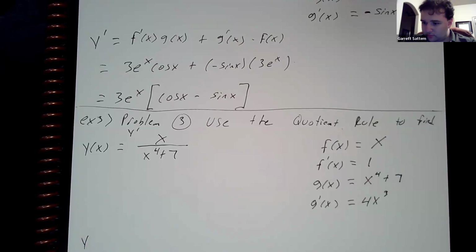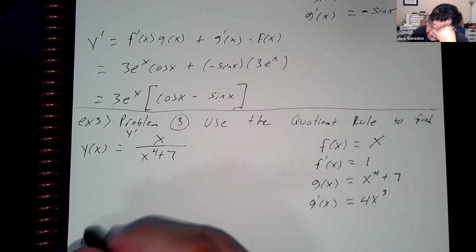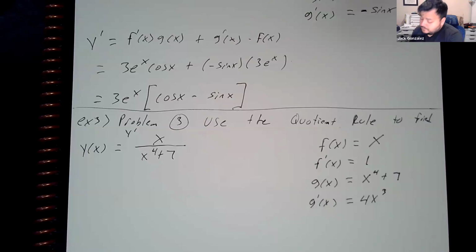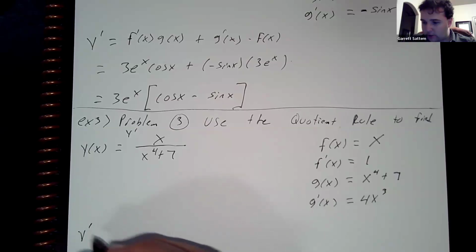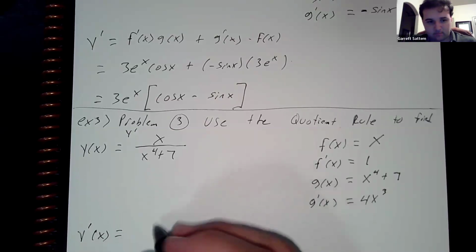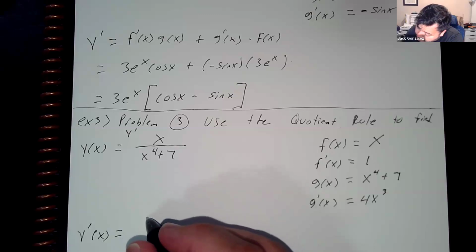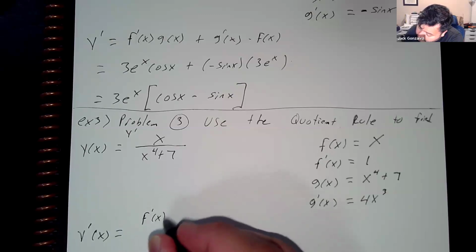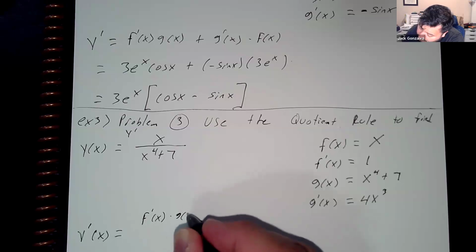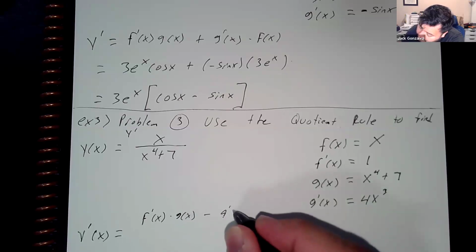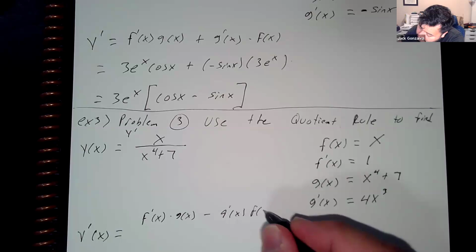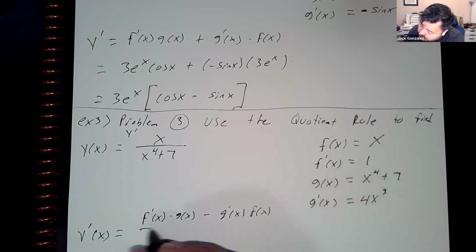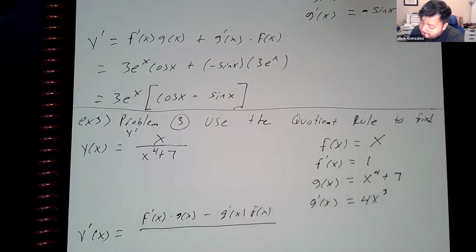All right, so let's use our formula and fill in the blanks. Not too bad, right? So we said it's going to be f prime g minus g prime f over g squared.